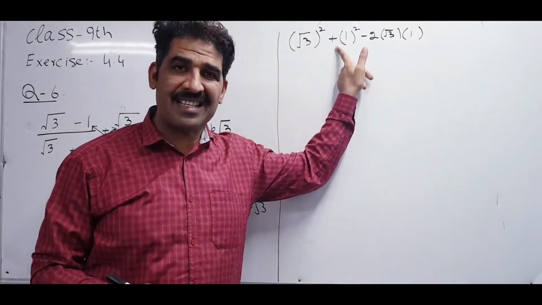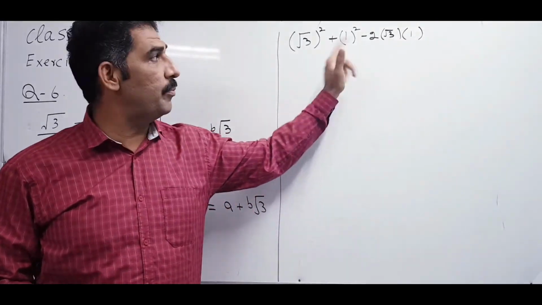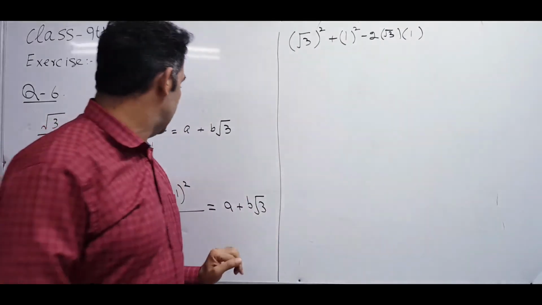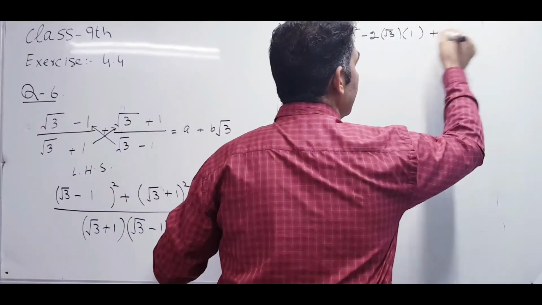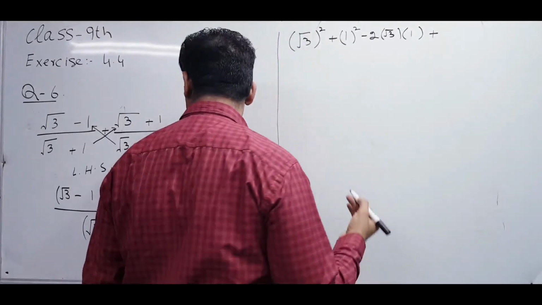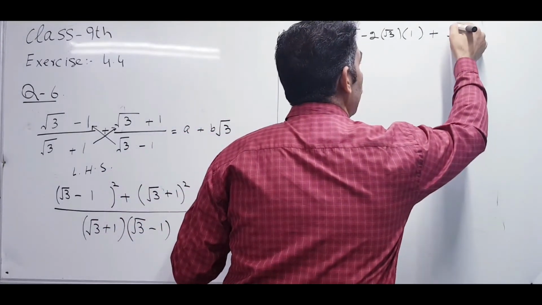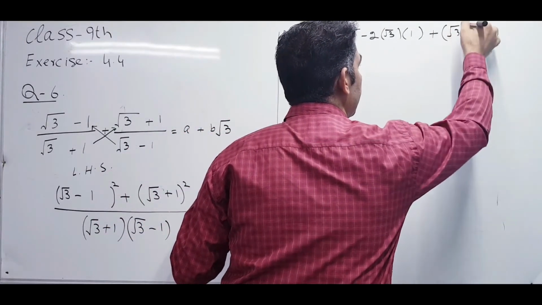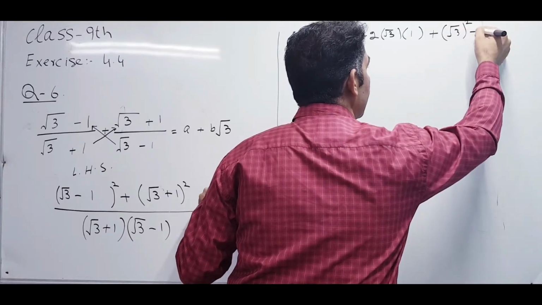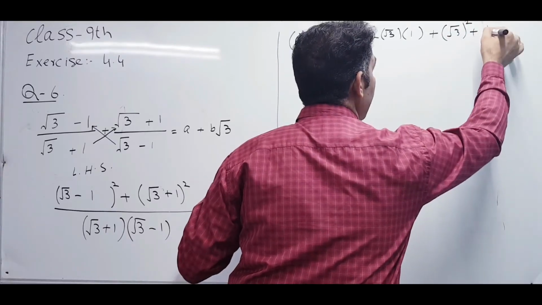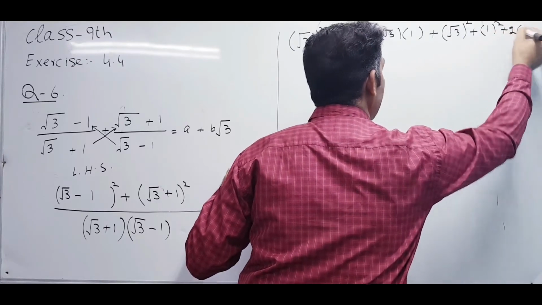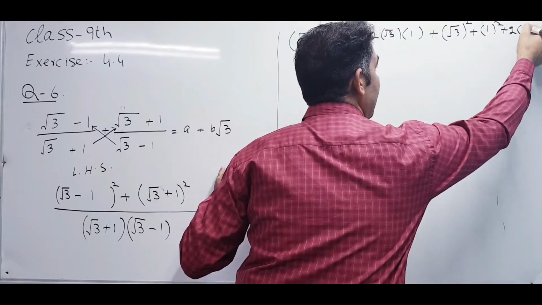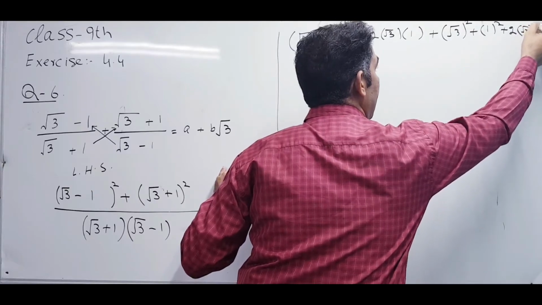Otherwise, if you write it in the center, that is also right. Both ways are correct. Then after that the sign is plus. If there is a plus sign, no need to apply the bracket, because there is no change inside the bracket. That's why square of the first element, again plus square of the second element and plus 2ab. So A is equal to root 3 and the second element is 1.